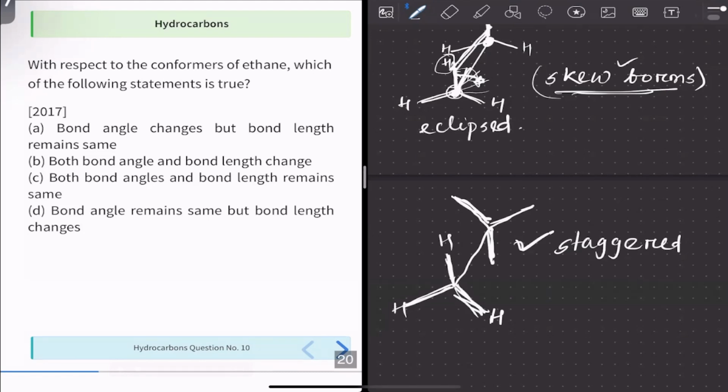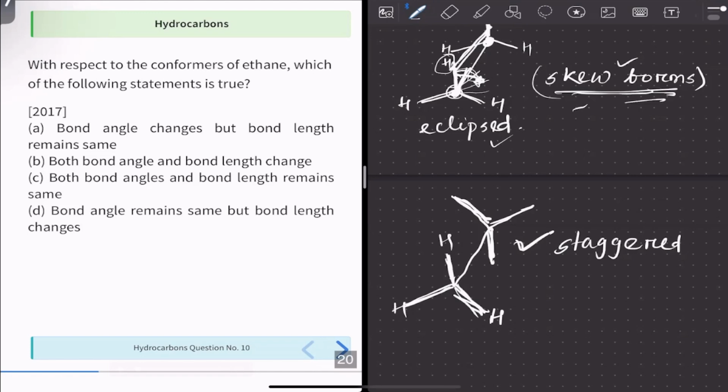So if one question asks how many conformers there can be for an ethane molecule, your natural tendency would be three: eclipsed, skew forms, and staggered. But that is not the correct answer. The correct answer will be infinite, because skew forms can be infinite: 1 degree, 2 degree, 0.5 degree.